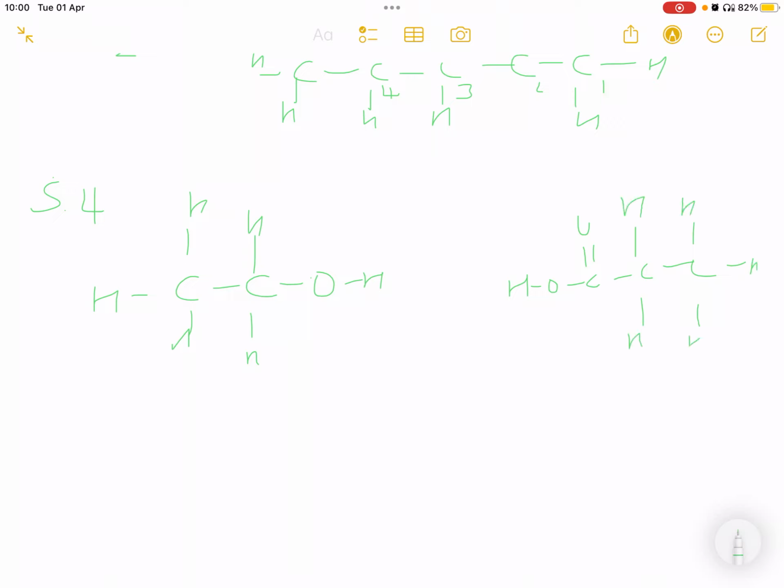Now, that means we have to react these two in the presence of sulfuric acid, H2SO4. Under sulfuric acid, these two react in a form of reaction called what? Esterification.